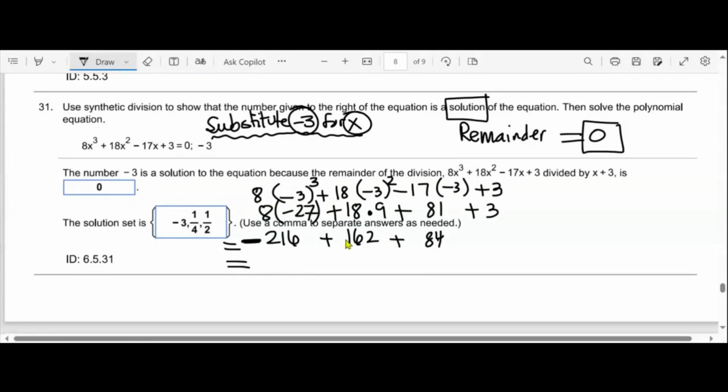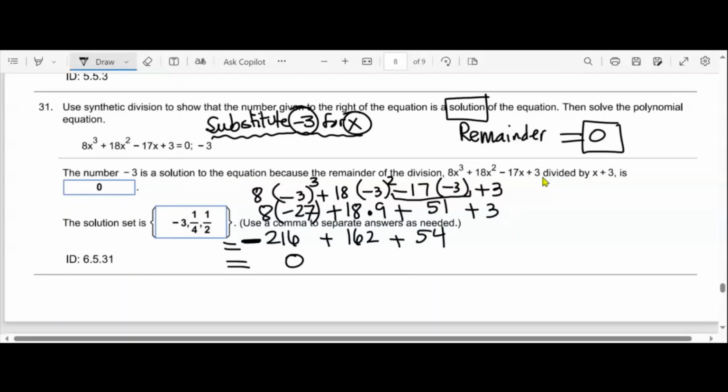How much is 17 times negative 3? Negative 51. So minus 17 times negative 3 is plus 51. 51 plus 3 is 54. Now add this together, it should give you 0.